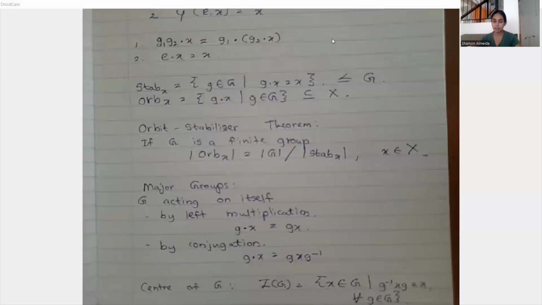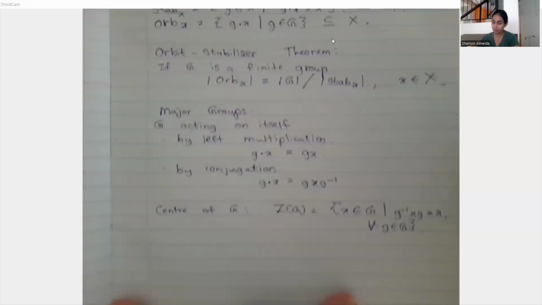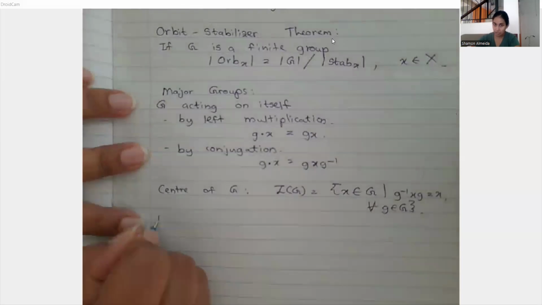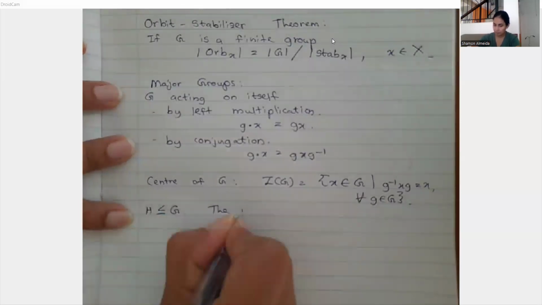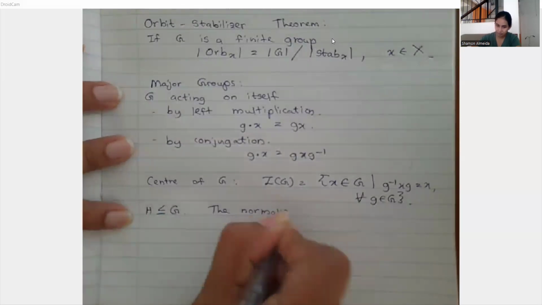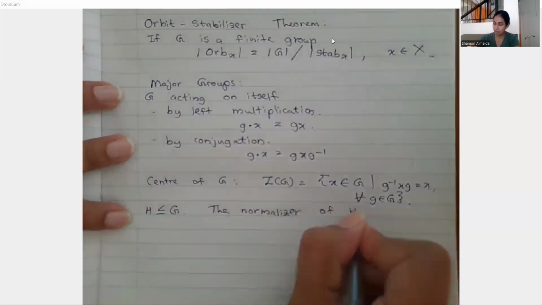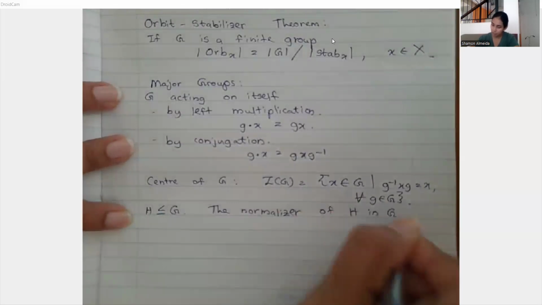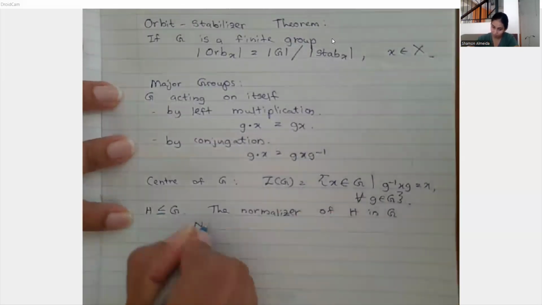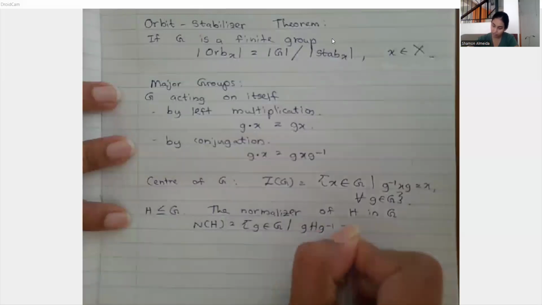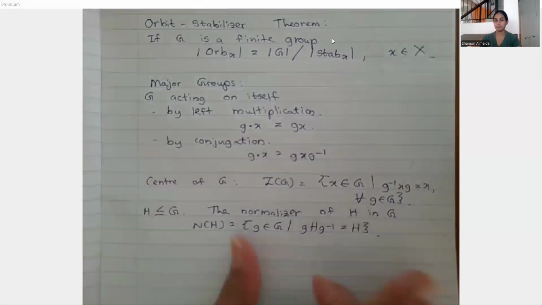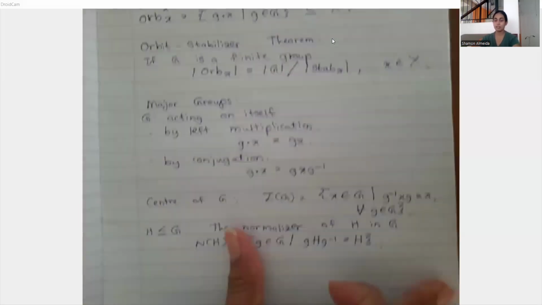Then we defined the normalizer. If H is a subgroup of G, the normalizer of H in G, denoted by N of H, we defined it to be every element G in G such that G H G inverse is simply equal to H. This is what we defined as the normalizer.